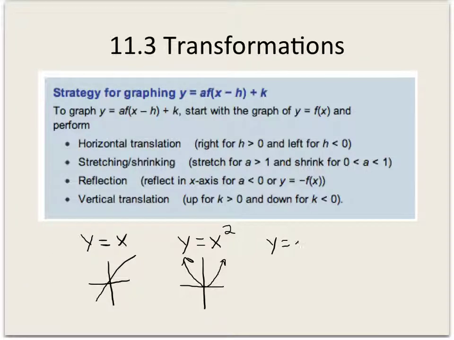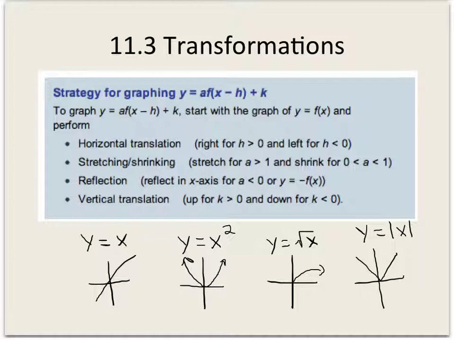Y equals the square root of x, again going through the origin, this time kind of curving sideways. The basic absolute value one, y equals the absolute value of x, is a V that goes through the origin. So those are the four basic ones that we're going to start with.